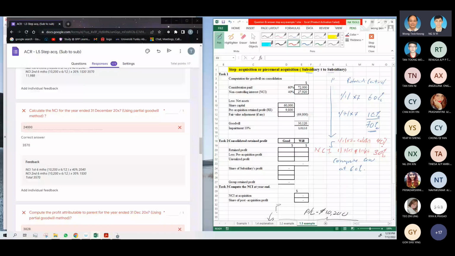So then you have a portion of the whole year profit of 10,200. First 6 months, 40%, is 2040. Second 6 months, 30%, is 1530. Added together, 3570. So you must get this right.